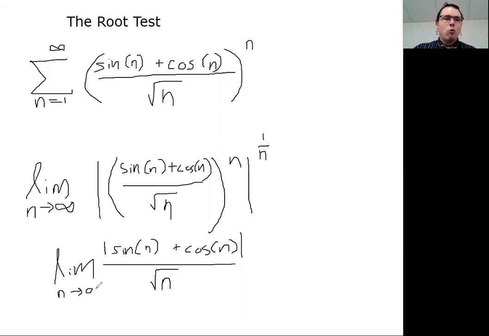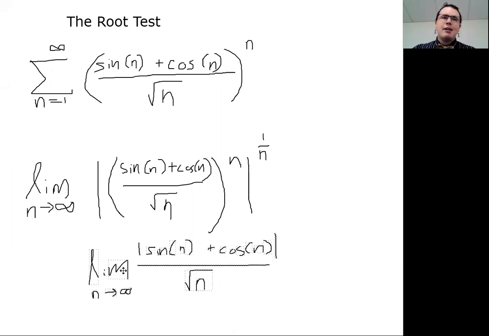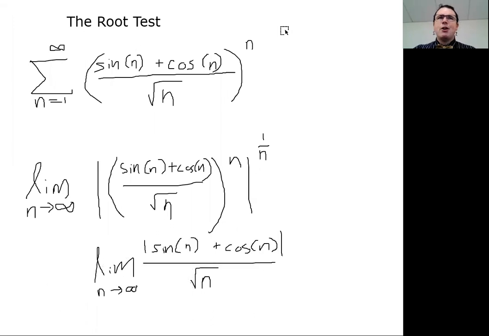And I want to figure out what happens in the limit as n goes to infinity. Well, like I was saying before, this sine of n plus cosine of n is difficult to predict. And now at least I know that that's got to be a number that's positive because I'm using absolute values. But what else can I do?